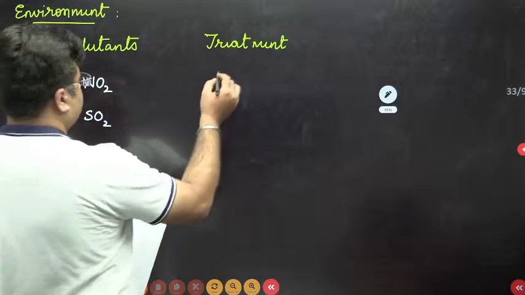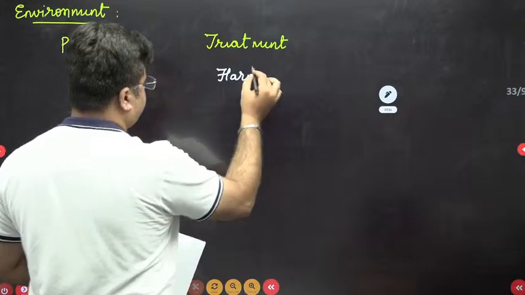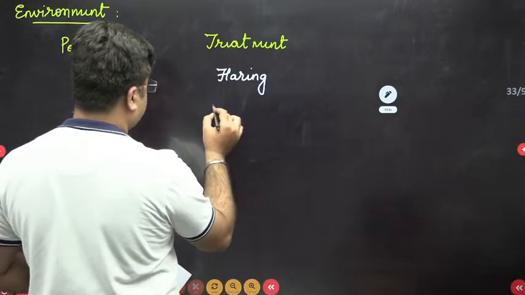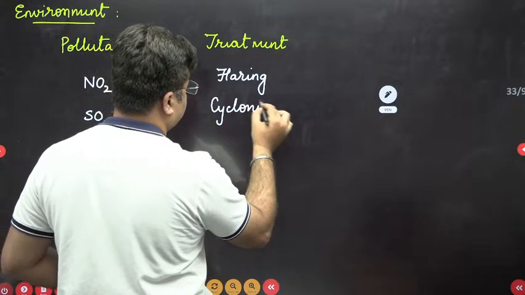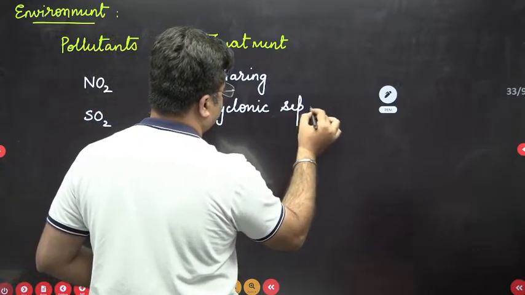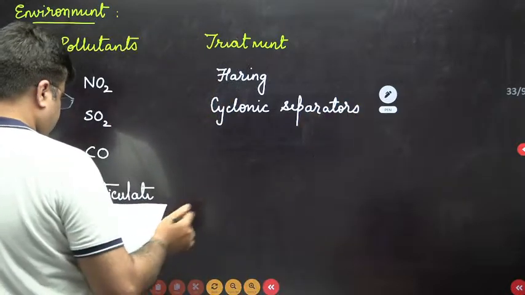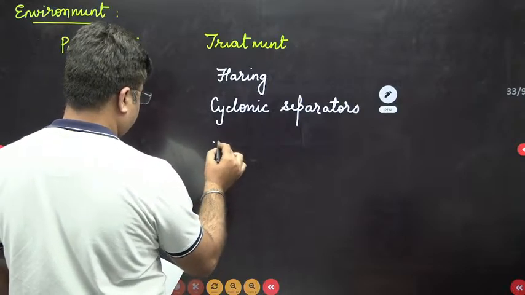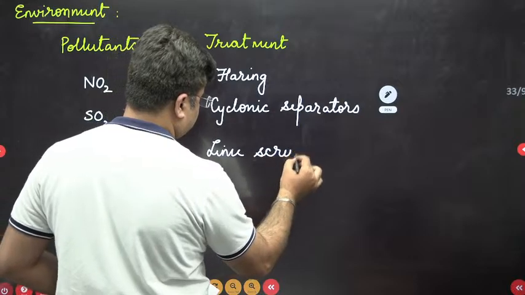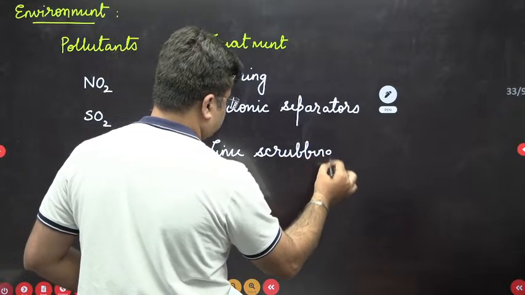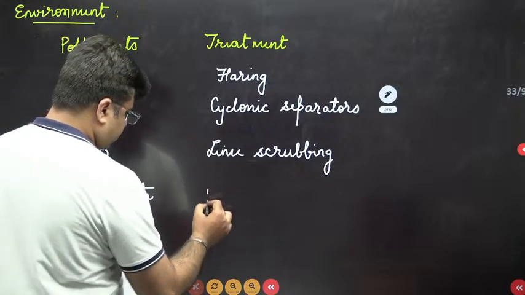The treatments are: first, flaring; then cyclonic separators; then lime scrubbing; and then ammonia incineration.